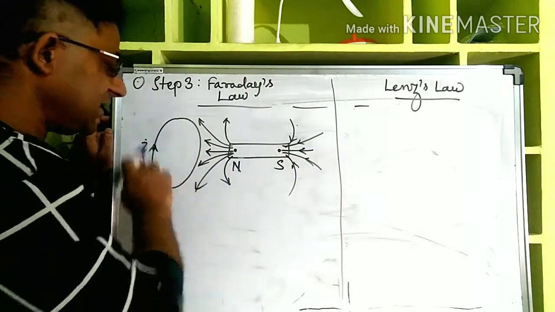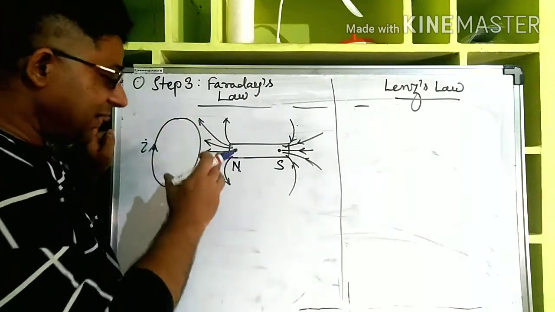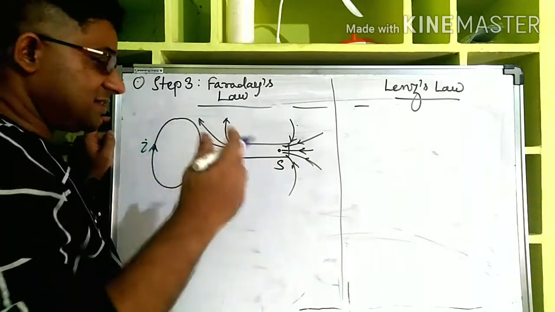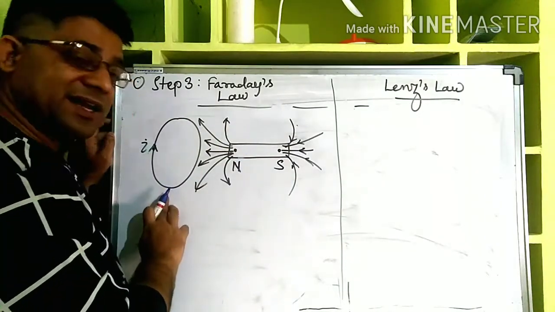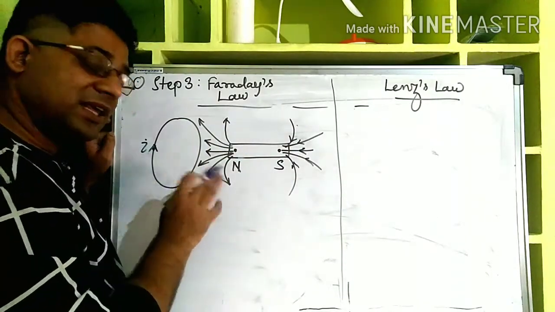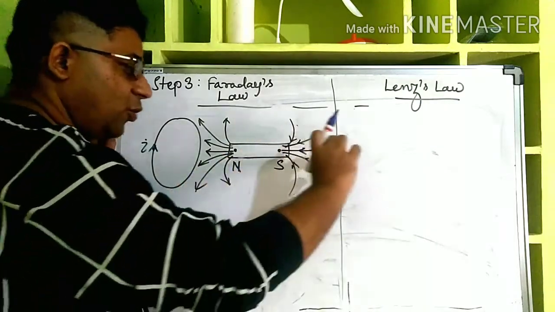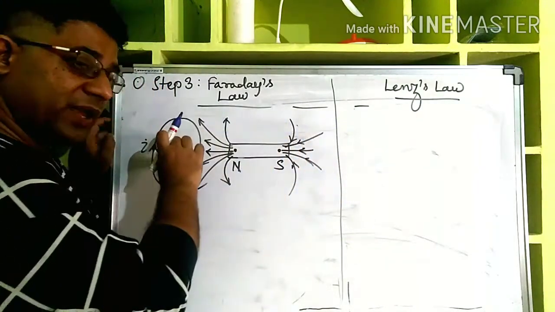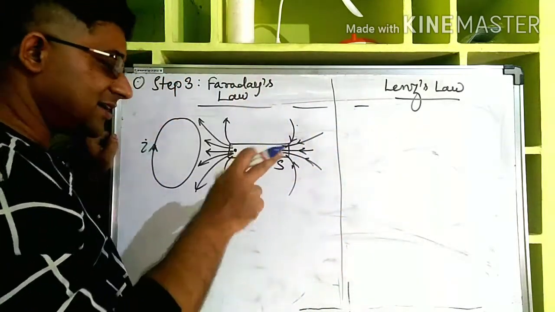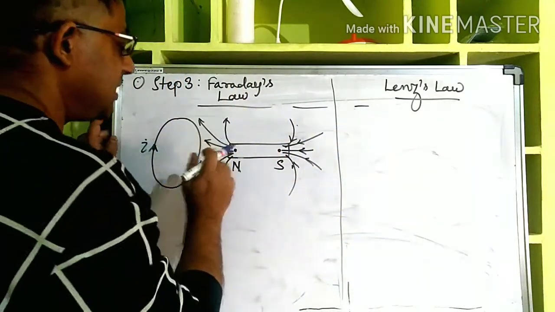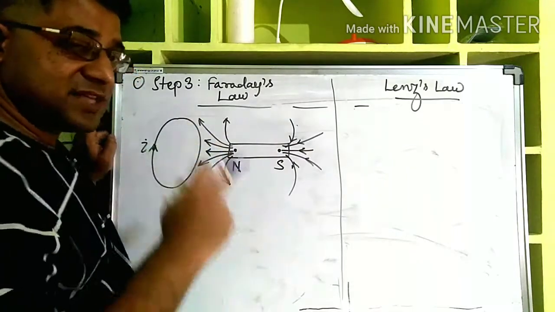If a current is flowing in the conductor, there must be an EMF induced. This is called induced EMF because we do not have any cell connected to this circuit. Only because the magnet is moving towards or away from the coil, the current in the coil is generated.